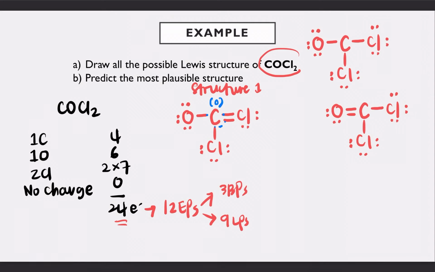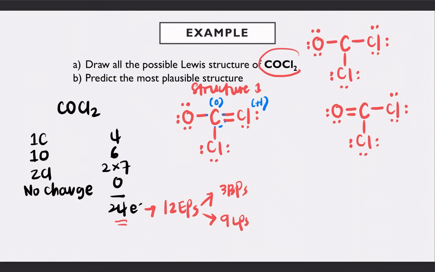Okay, so that's how I count the formal charge. Chlorine pula, okay, it is in group 17. So it has 7 valence electrons. Tolak dengan 1, 2, 3, 4, 5, 6 electrons. So 7 minus 6, it will be plus 1. Okay, so that chlorine has plus 1 charge.